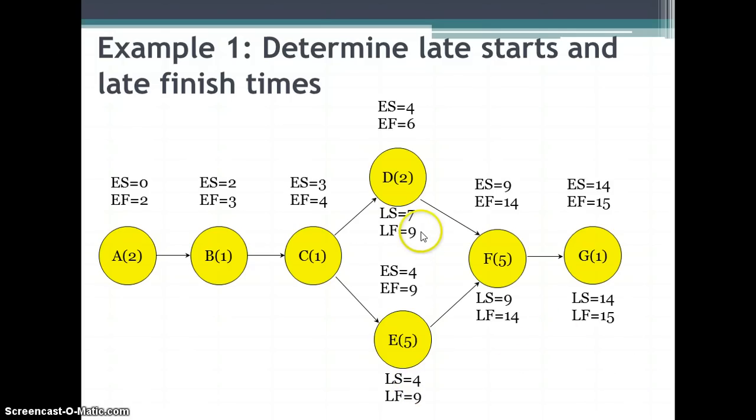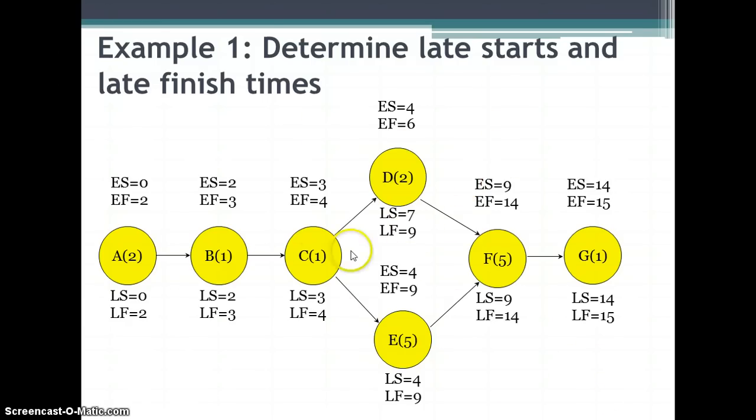For D, the late finish of D is the same as the late start of F, which is 9. We subtract 2, and so the late start is 7. For C, we have to decide which one of these late finishes and late starts we're going to use.